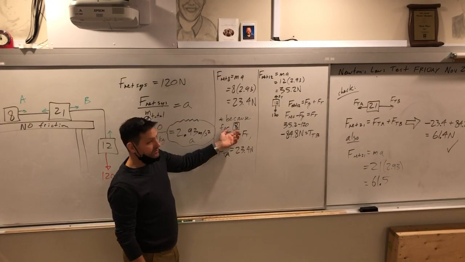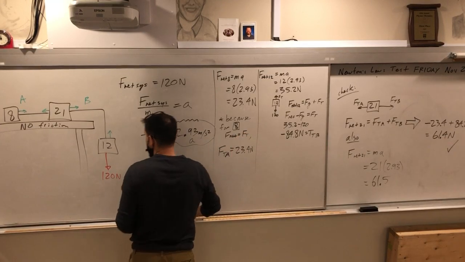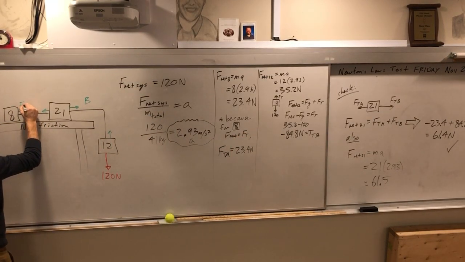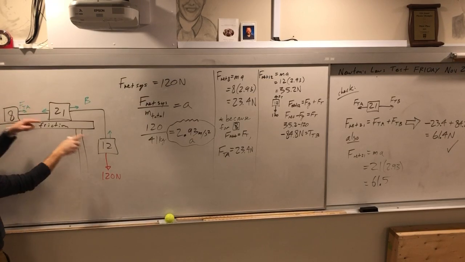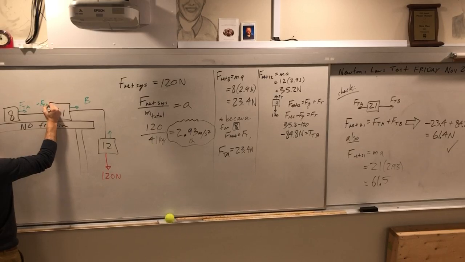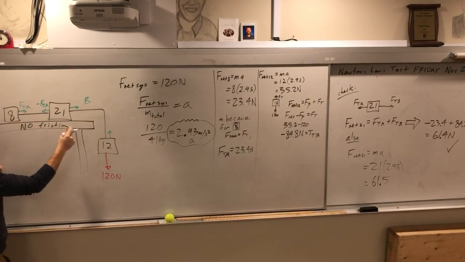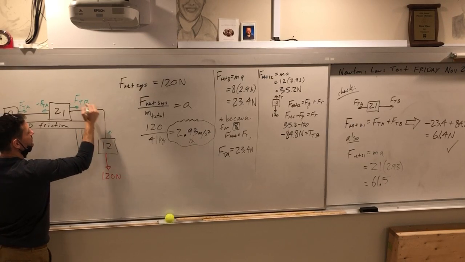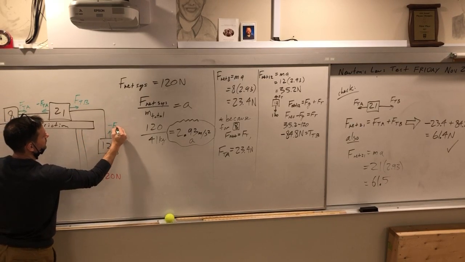Because on the 8 there's only tension, you could say this is FTA. That would be in the positive direction, and this one would be negative FTA because it's pulling backwards. This one you could say is FTB, and this would be negative FTB.